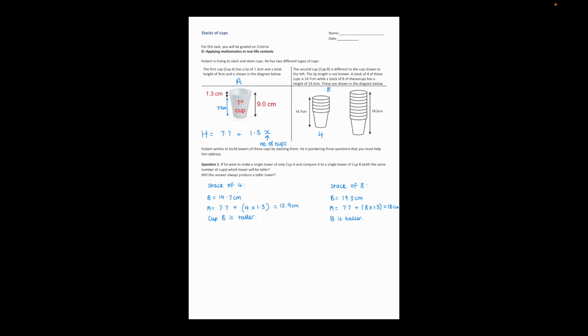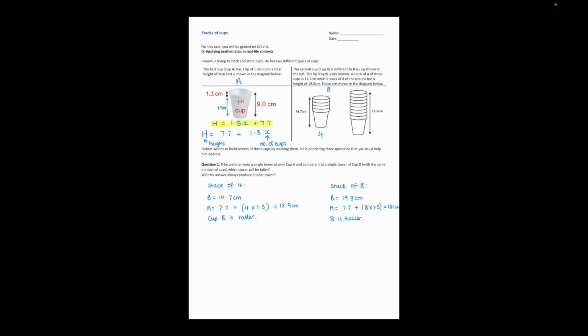I should make sure I explain that h is the height and x is the number of cups used. That forms a linear equation, and I could think of that as h equals 1.3x plus 7.7. It's exactly the same, I've just written it the other way around so that it is in the form y equals mx plus c that I'm used to seeing.